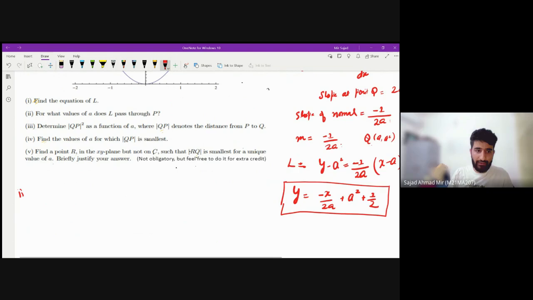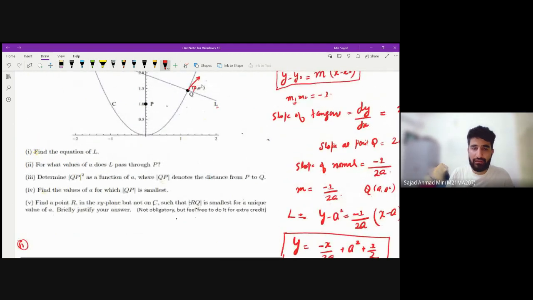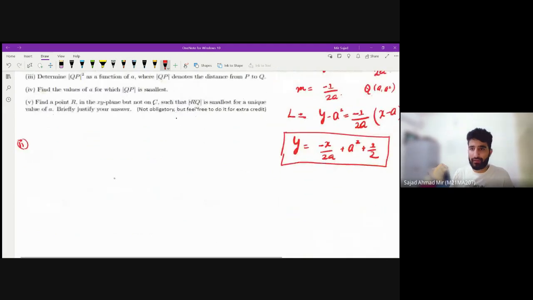If I look at part B, the second part of the question, it is saying: for what values of a does L pass through P? Now, if L is passing through P (0, 1), then it must satisfy its equation.